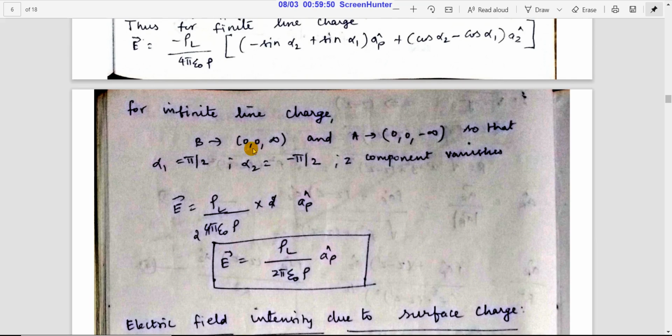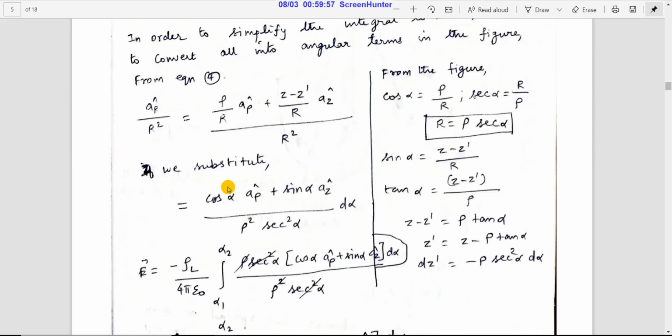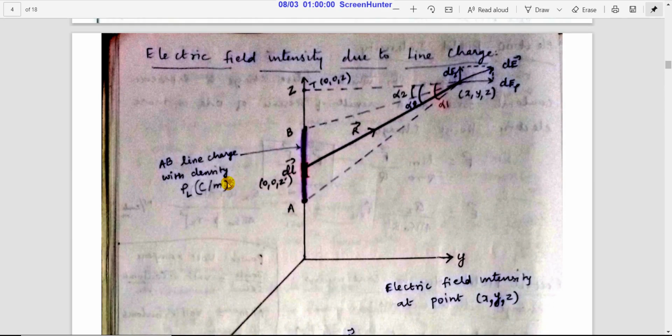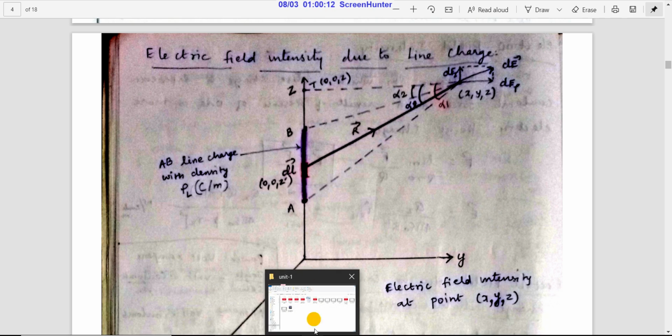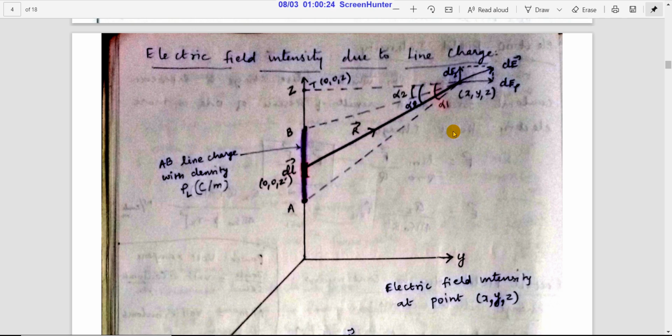If the point is at infinity, the angle between this projection and this point will be at infinity, so that is going to be pi by 2.